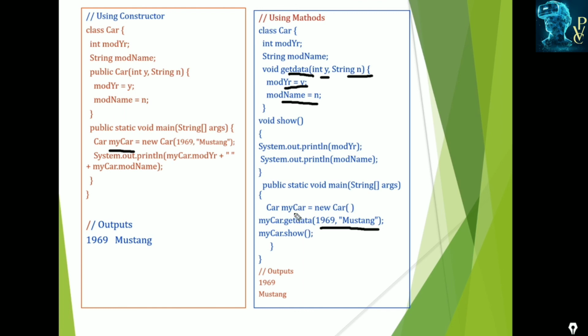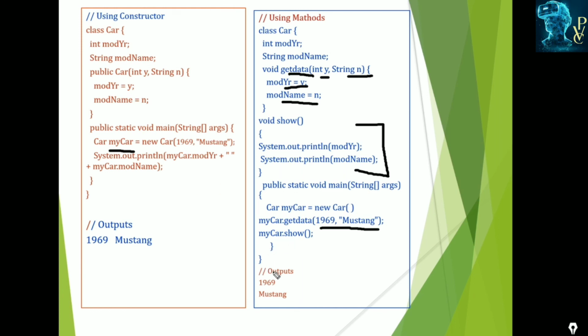So myCar has the model year 1969 and the name Mustang. Whether they are assigned to the variables or not can be displayed by using the show method. In this method I wrote the print statements, so myCar.show displays these values.